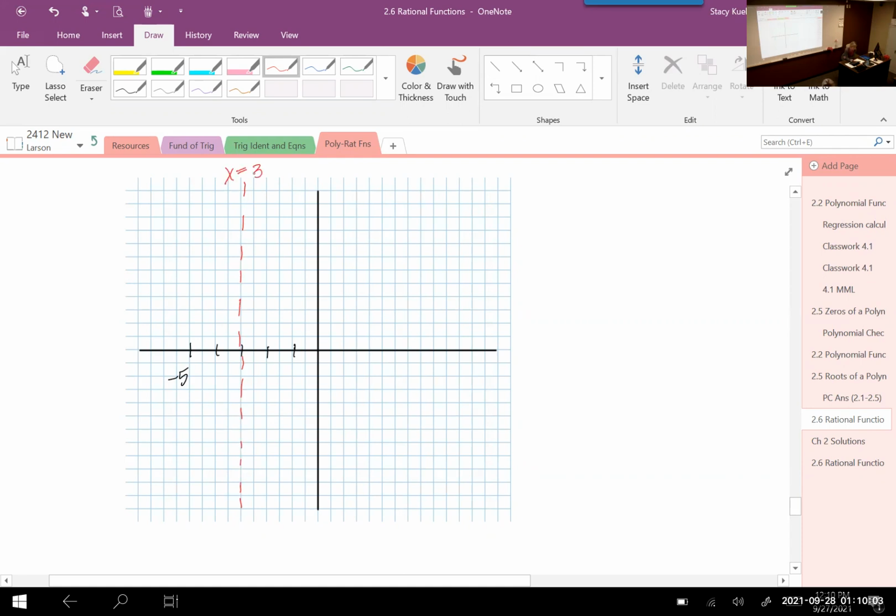I have a horizontal asymptote where y is equal to +1. I have an x-intercept at 2, 0. And I have a y-intercept at 0, -2/3. Somewhere right around there.